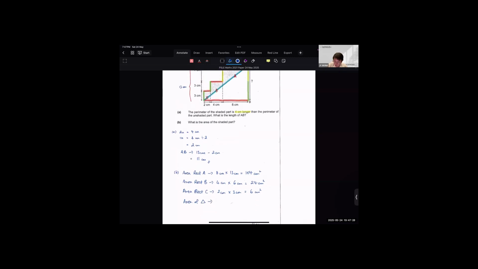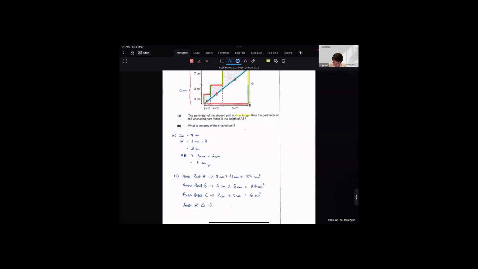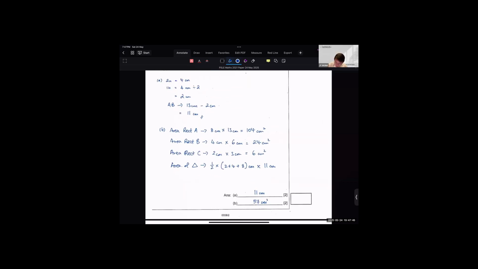So the area of your triangle is half times base times height, which is half times 2 plus 4 plus 8 cm times AB, which is, we found just now, 11 cm. Okay.